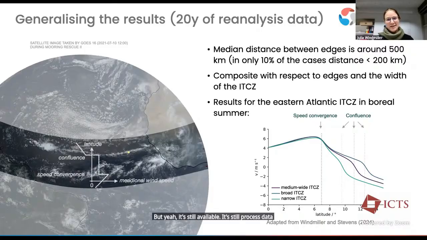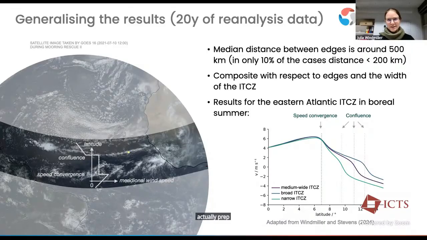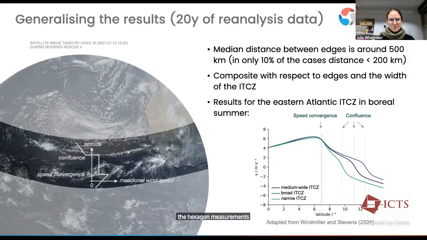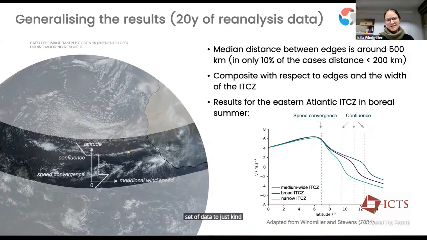So, like with most of the data from the GATE campaign, we should probably try and use it more. I would definitely encourage looking into it. And we are currently preparing some of the original GATE data, which doesn't include the hexagon measurements but the other measurements, to make them more publicly available, because especially with the ORCESTRA campaign data, it's a really interesting set of data to return to the same region 50 years later. Thank you.